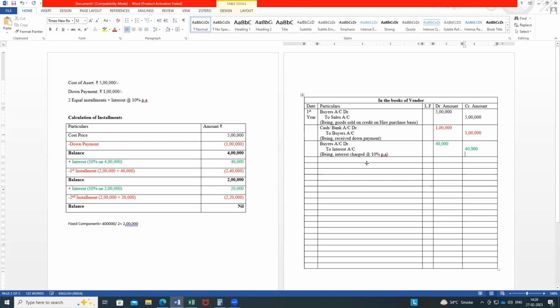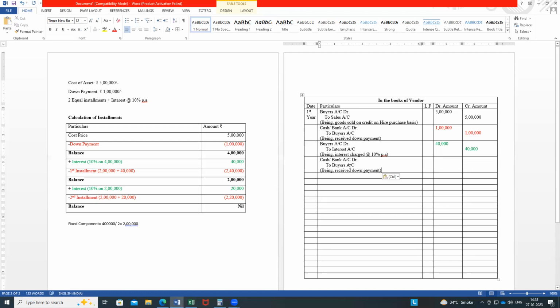Okay, and the next is after this installment, the first installment record करना है मुझे. First installment being a vendor मैं कहूँगा कि पैसा आया है. Okay, so cash or bank account debit to buyer's account, and the amount would be how much? 2,40,000.